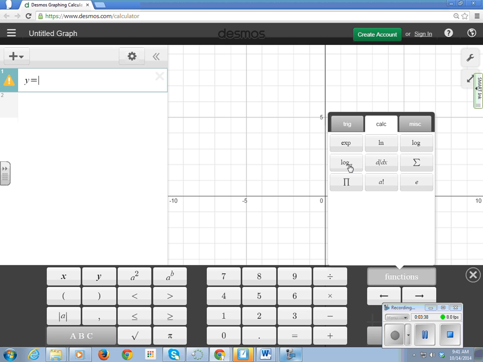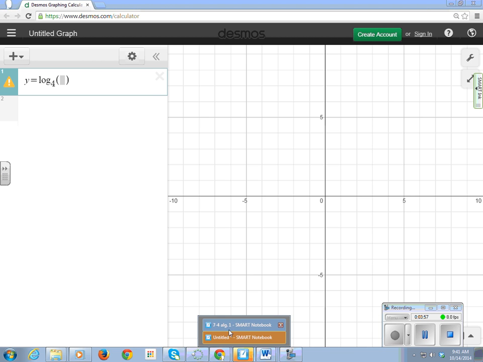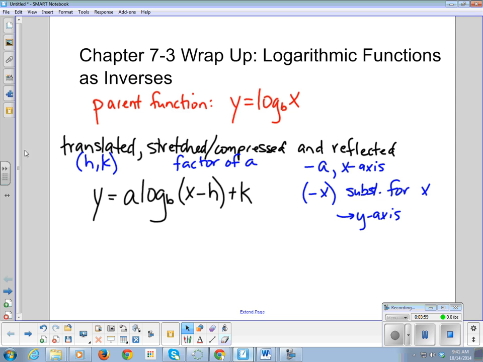So here, let's graph base 4, and we'll make this the parent. So we'll find our parent function: y equals log base 4 of x.